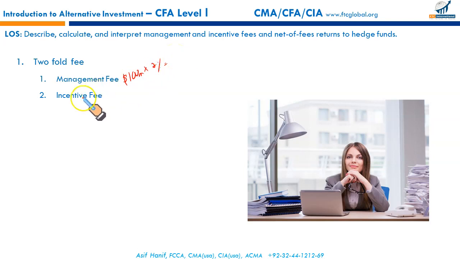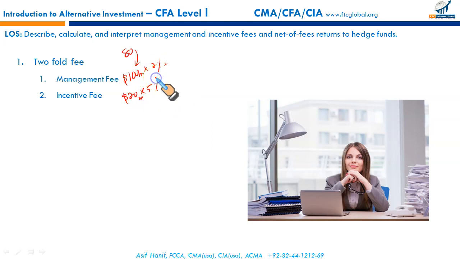Whereas the incentive fee is usually based on the returns earned. If this fund has moved from 80 to 100 million, that means 20 million return was generated. So in this case, the incentive fee could be 5% of 20 million, that is the return generated by the fund, right? Or it could be calculated net off. We'll see in the example.